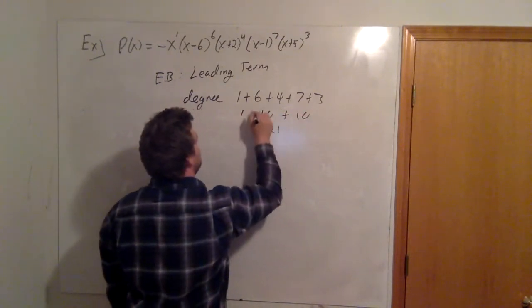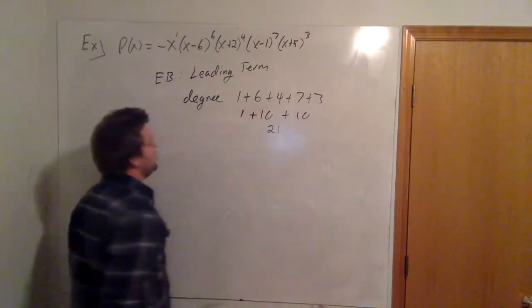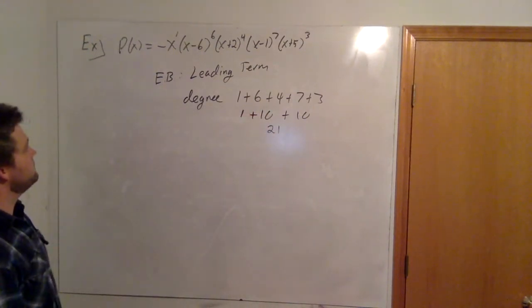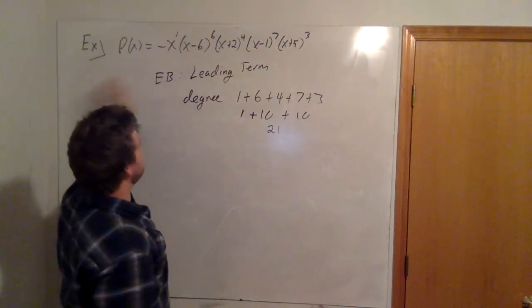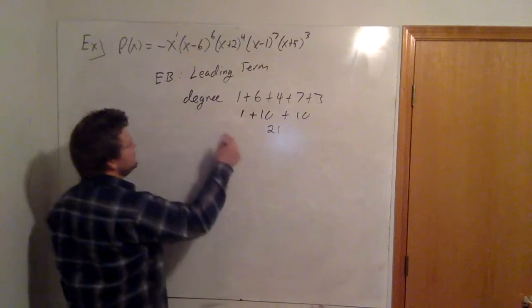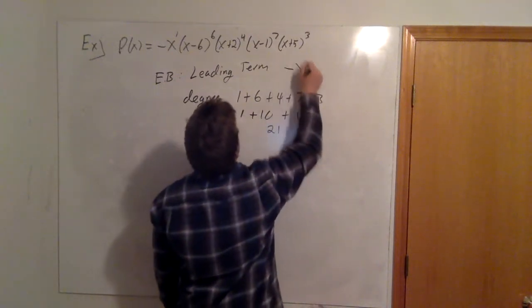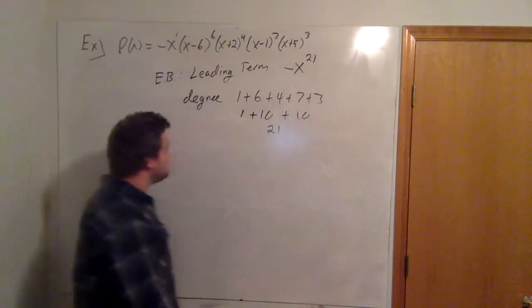Looks like I have a 21. So it's going to be a 21st degree polynomial. Notice I have a negative out in the front, so if I multiply this all together, the leading term is going to be negative x to the 21st power.